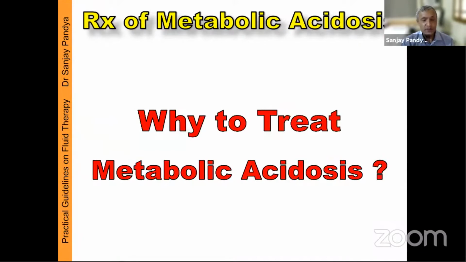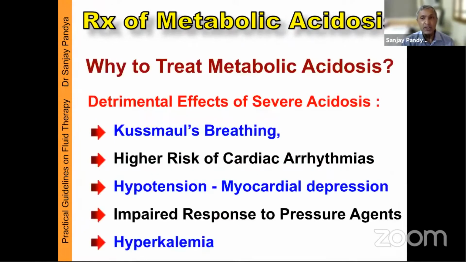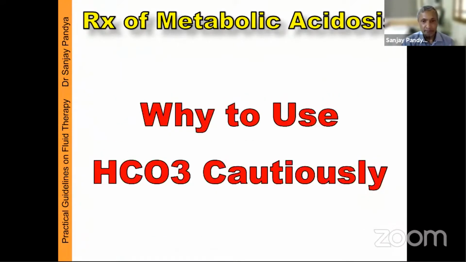Now, the question arises: why should we treat patients with metabolic acidosis? The answer is its detrimental effects, like Kussmaul's breathing, risk of arrhythmia, myocardial depression causing hypotension, impaired response to vasopressors, and possible risk of hyperkalemia.